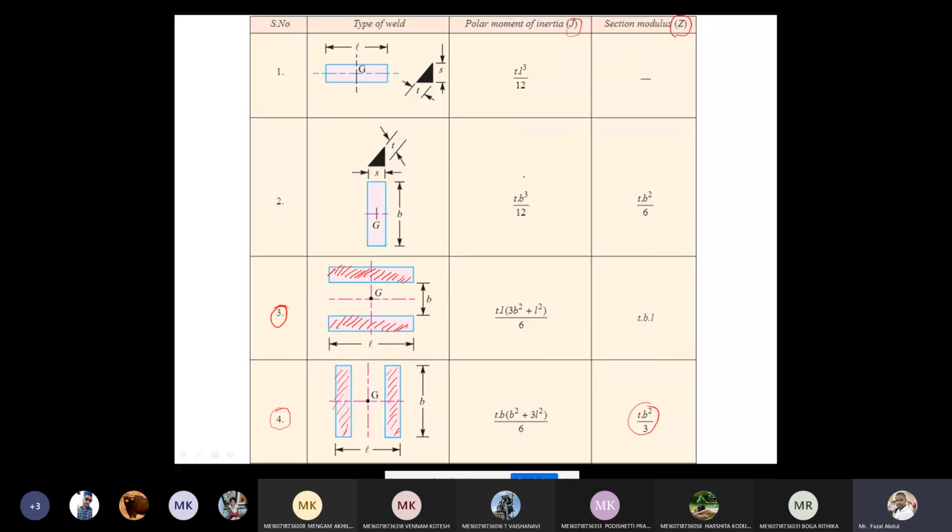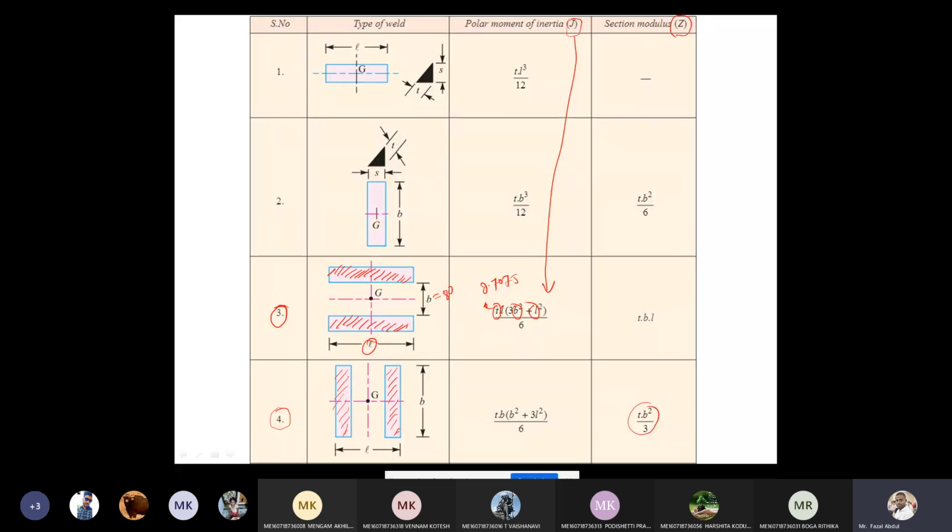So for this, the respective polar moment of inertia we need to take, where T is nothing but 0.707 into S. B is the width, this distance, given in the question as 80 mm, and L is the length of the weld, which is also given in the question.